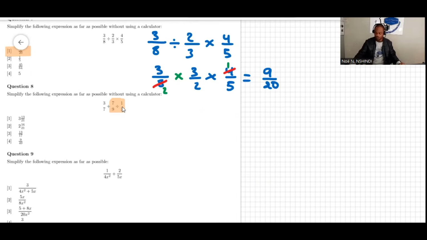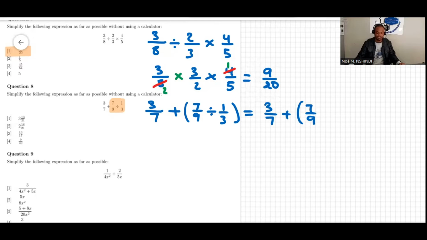So this will be 3 over 7 plus, we're going to put brackets here, 7 over 9 divided by 1 over 3. And then we're going to do as we did in the previous question. I want to keep this fraction like that, change the division to times, and then reverse the other fraction, 1 over 3.